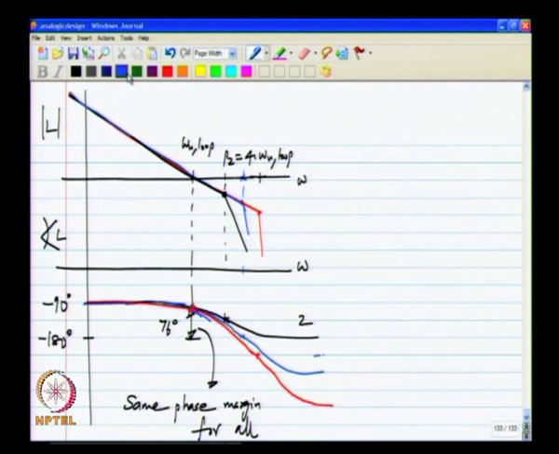So, this is a second order system, that is a third order system, 2 extra poles, and this is a fourth order system.